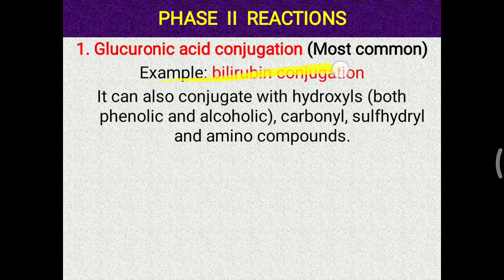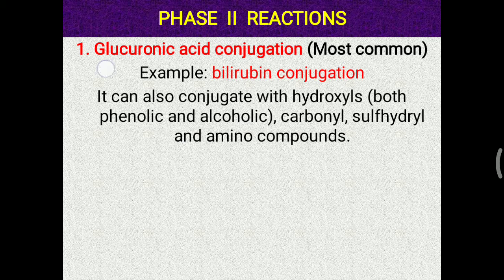In relation to bilirubin conjugation, we know that bilirubin is an end product generated as part of hemoglobin metabolism. When hemoglobin is destroyed, bilirubin is initially generated, which is water insoluble, in the reticuloendothelial system, mostly in the spleen. From the spleen, unconjugated bilirubin is transported with the help of albumin up to the liver. In the liver, it is conjugated with the help of glucuronic acid.